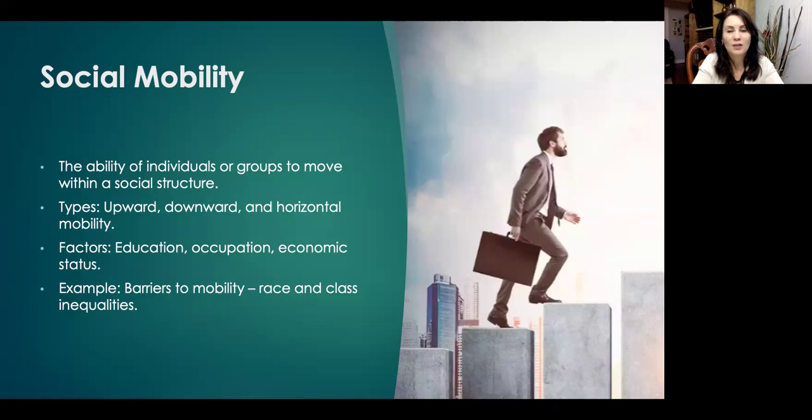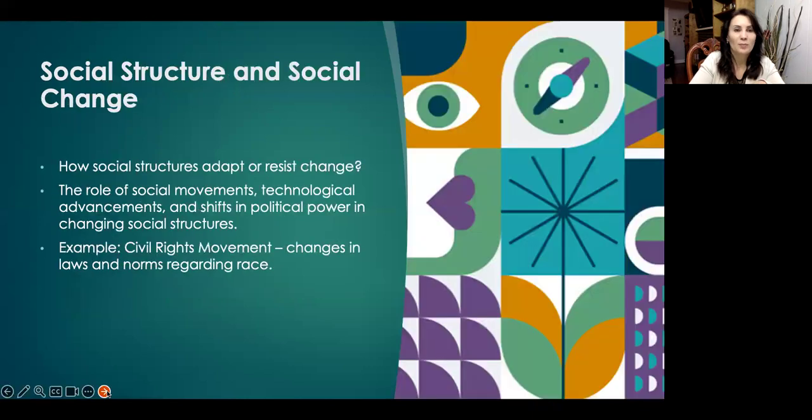So education is one of the things that enables social mobility in most cases, or also occupation and economic status, like owning a business, can allow people to have better social mobility. That is about social mobility, social structure, and social change, how social structures adapt or resist change.